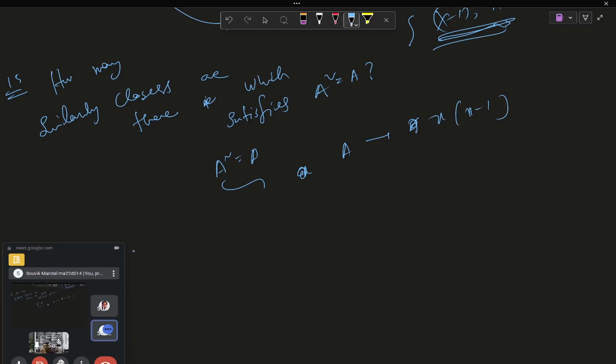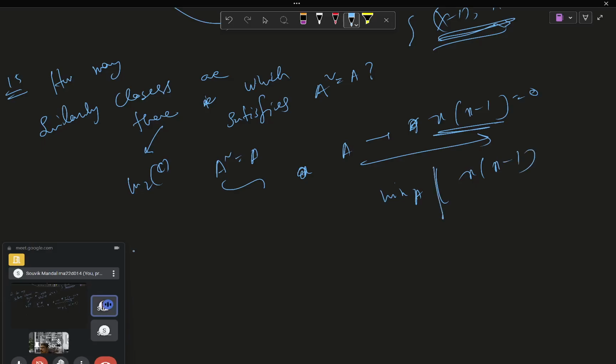And similarity classes, the matrices are in M to C. Since the matrix satisfies this, the minimal polynomial of A must divide x into x minus 1, right?